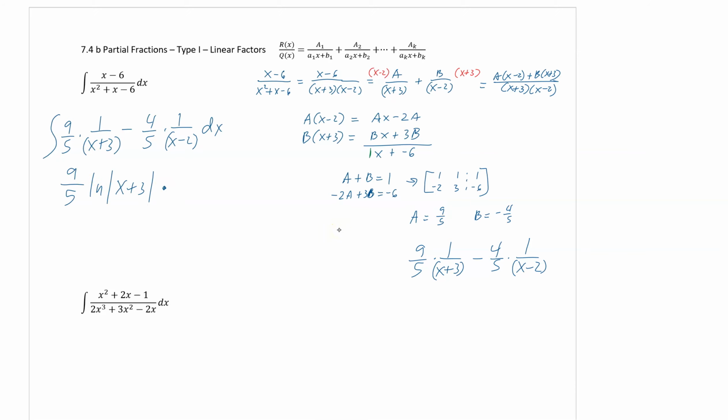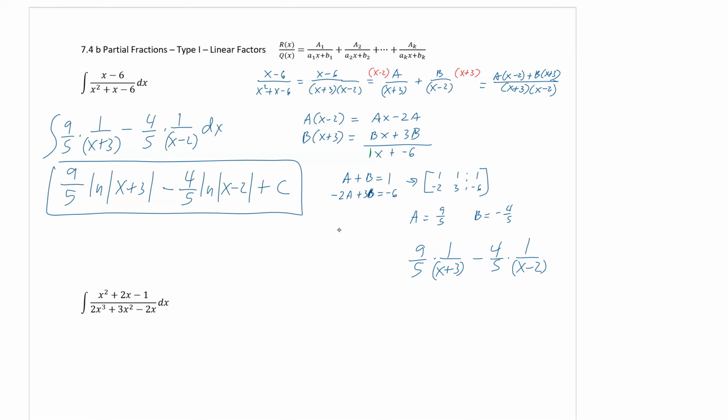There was no chain rule that happened. Oops, not times. Minus 4/5 natural log of x minus 2 plus C. And there we go. This is how we do partial fractions with linear factors.